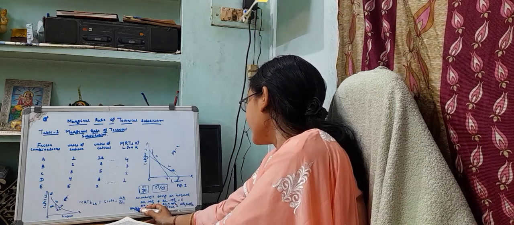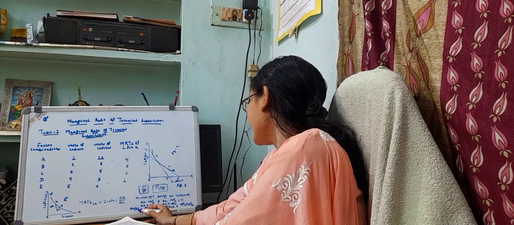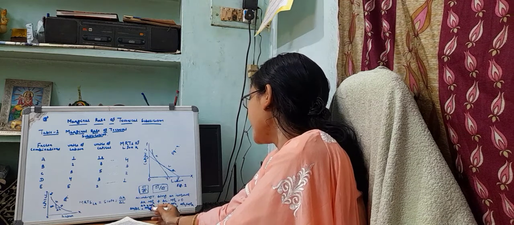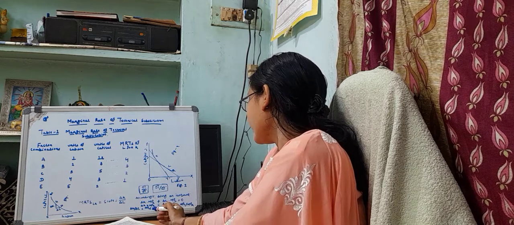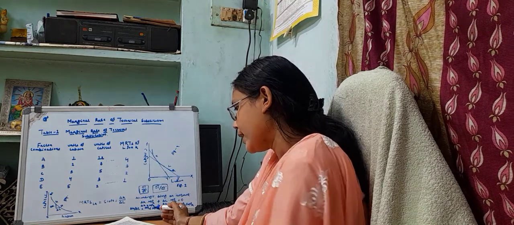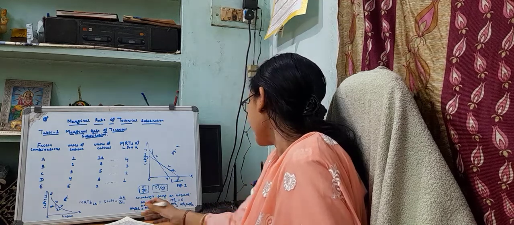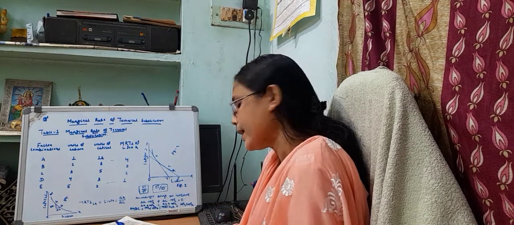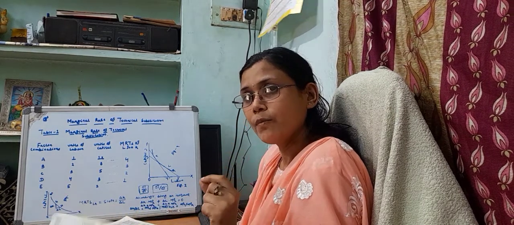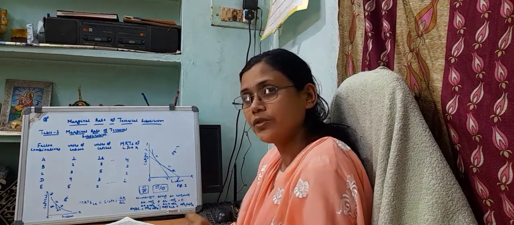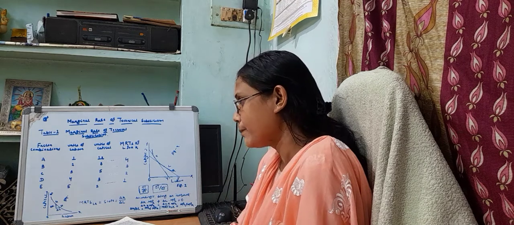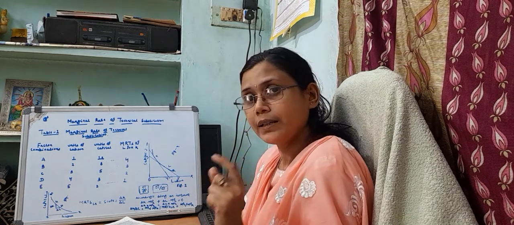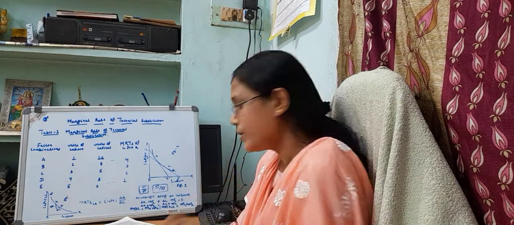Delta K divided by delta L equals MPL divided by MPK. This delta K divided by delta L is equal to the marginal rate of technical substitution, and this is equal to MPL divided by MPK. MP means marginal physical product.